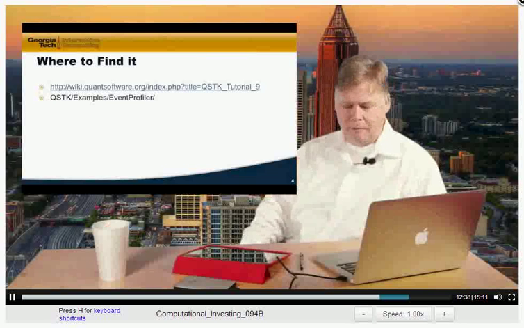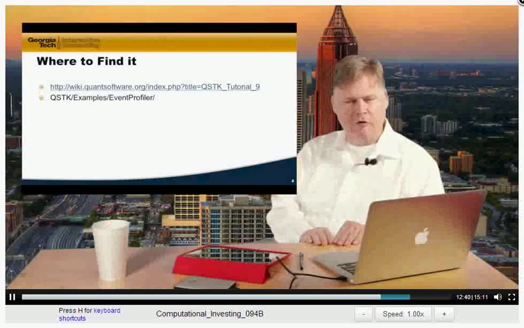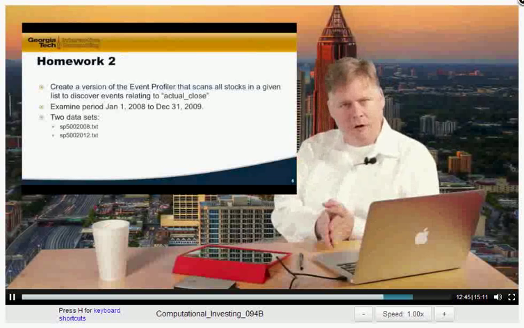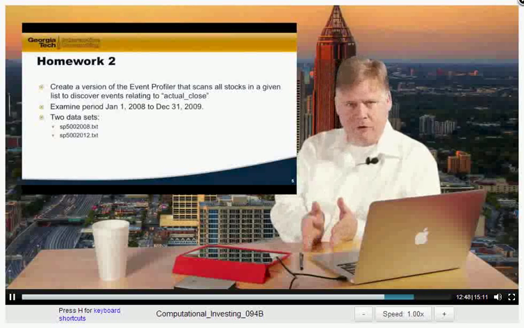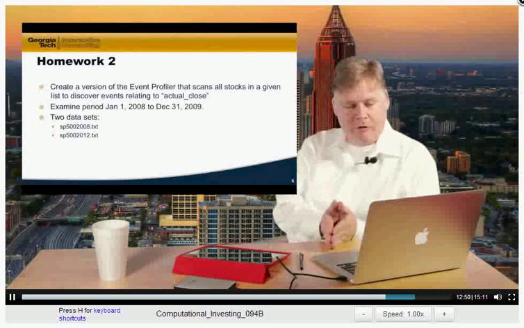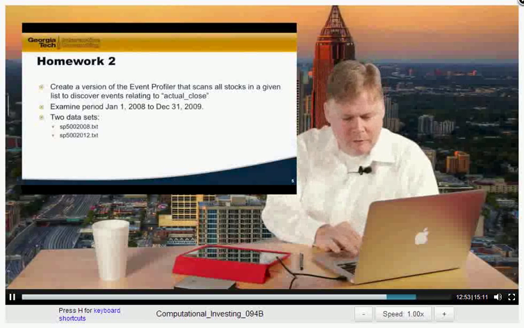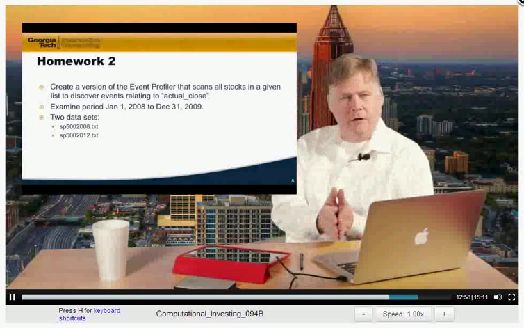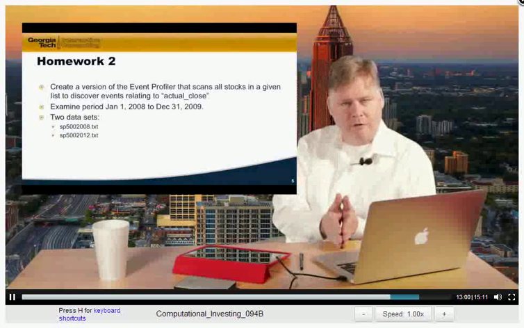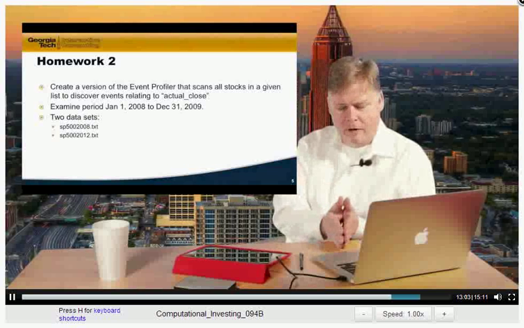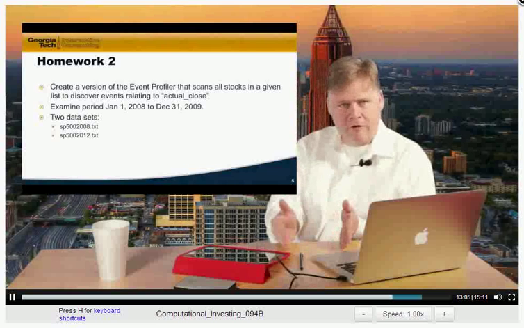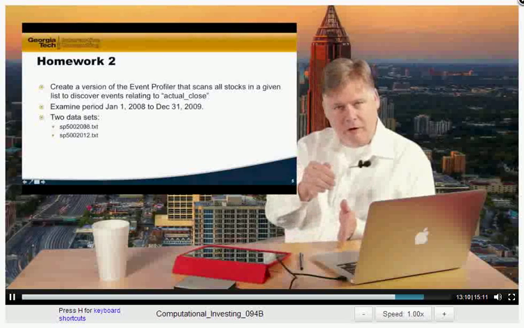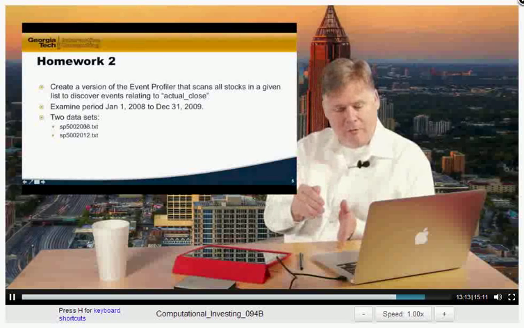So the video cut off prematurely, so I just want to recap what you're supposed to do for the homework, just to be sure we've got it. I want you to create a version of the event profiler that takes in a set of stocks. In particular, we're going to look at those equities that were in the S&P 500 in 2008, and we're going to look for all events where any one of their actual close prices goes from above $5 to below $5.